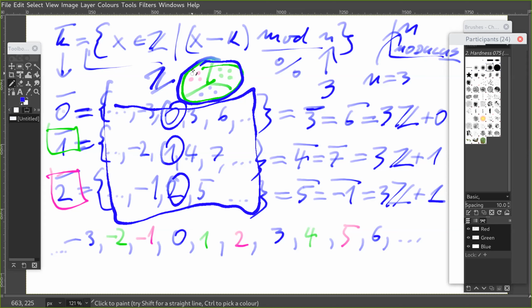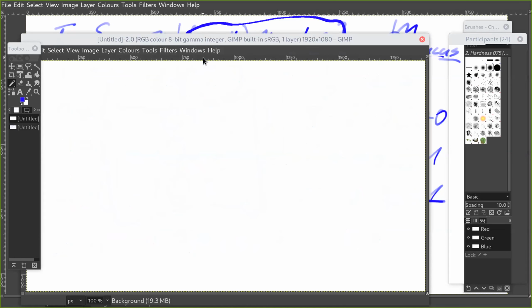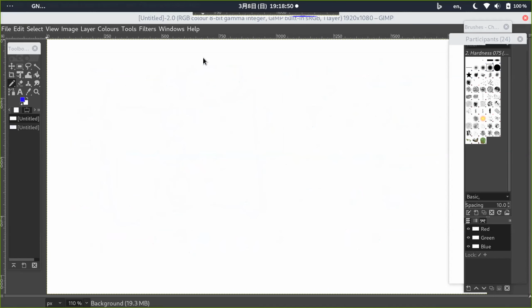So in the particular case when this partitioning occurs using this definition, these equivalence classes are called residue classes. And now comes maybe the more interesting part: how the addition was defined.